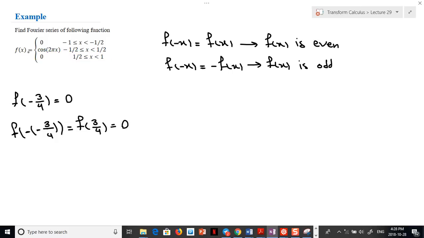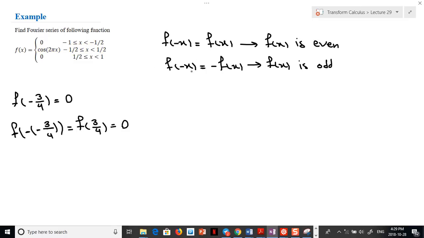In fact, if you pick any number in this range, x between minus 1 and minus half, and you find f(minus x), you can see that both of them are equal to 0. And if I pick any x in the range minus half to half, I have cosine 2 pi x, and cosine 2 pi x is an even function in all the ranges.